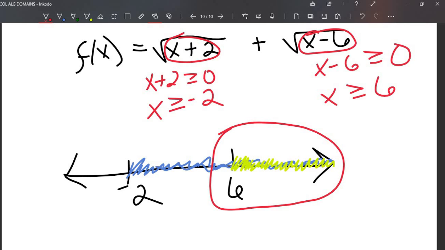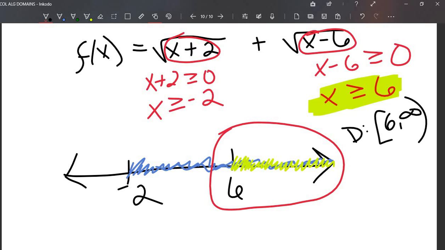Whichever one overlaps, that's the piece with the domain. So the domain will be starting at 6 and going to positive infinity. So again, two square roots, you find both of them, you sketch them on the number line, and where they're overlapping, that's the answer you use.